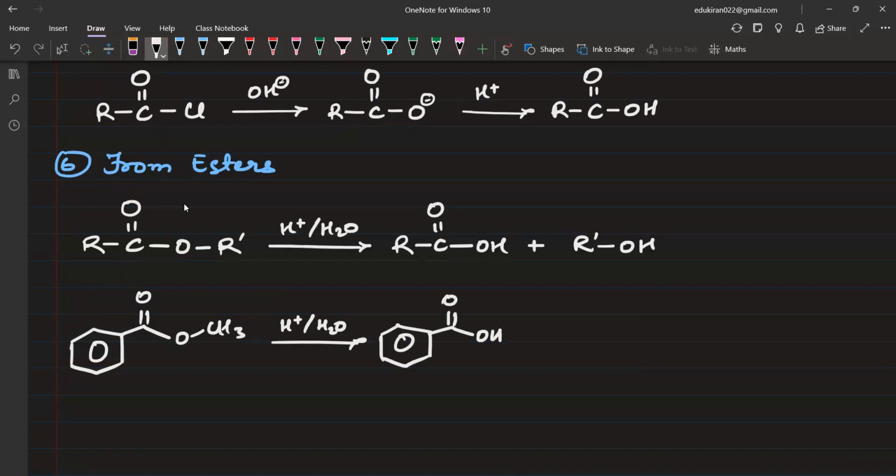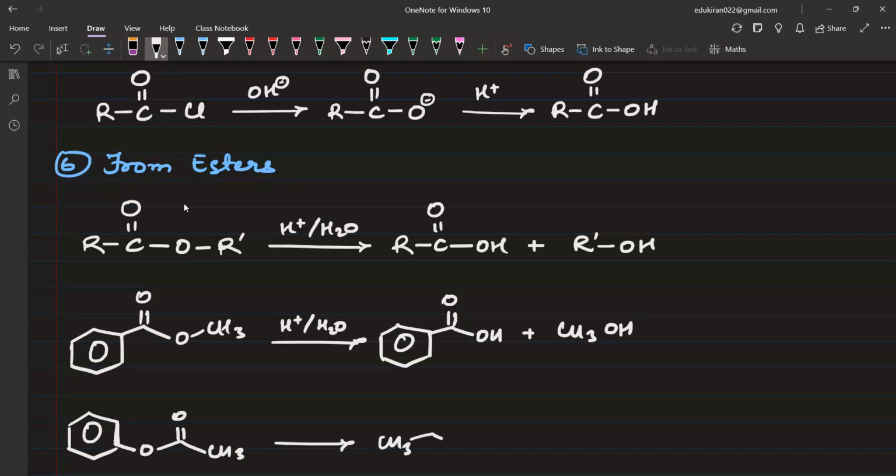You'll get OH here, plus you will get CH3OH. That's it. If you have something like this, oxygen, then carbonyl carbon, and then CH3, then CH3CO will be constant, CH3, C double bond O, and OH will be as it is, plus you will get phenol.